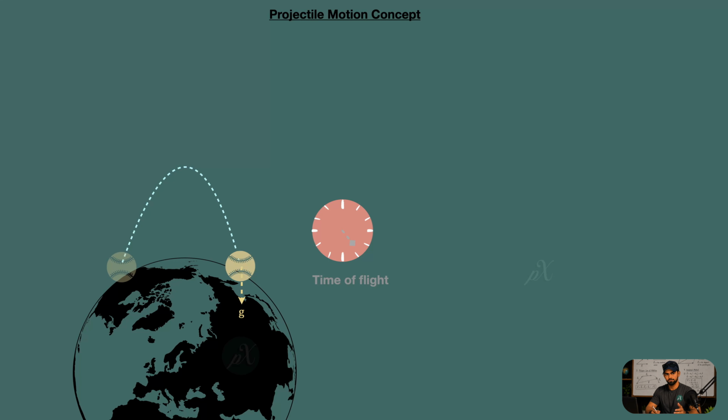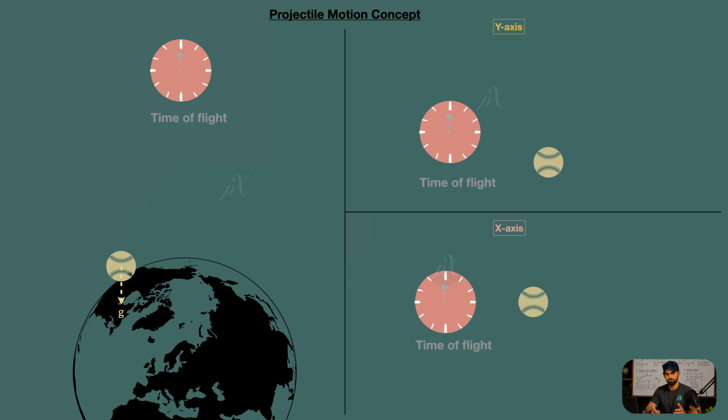Now, the moment the ball touches the ground again, that's it. Its motion stops in both directions, horizontal as well as vertical. During this entire time of flight, the ball first moves upward and then comes back down.